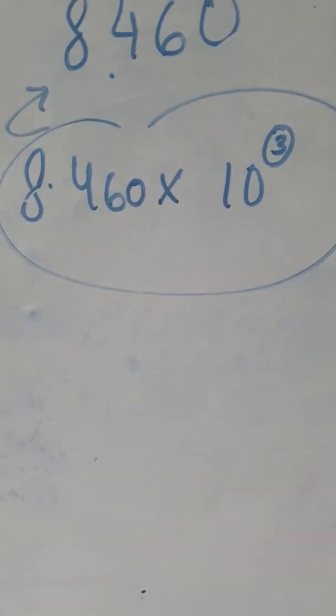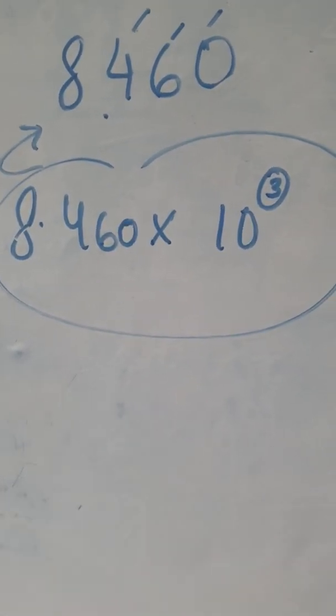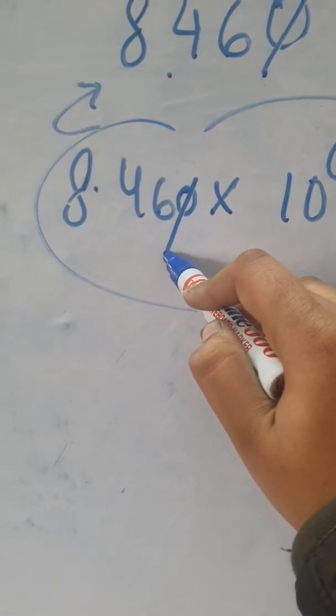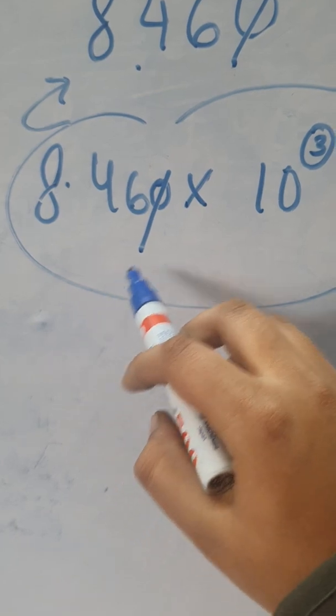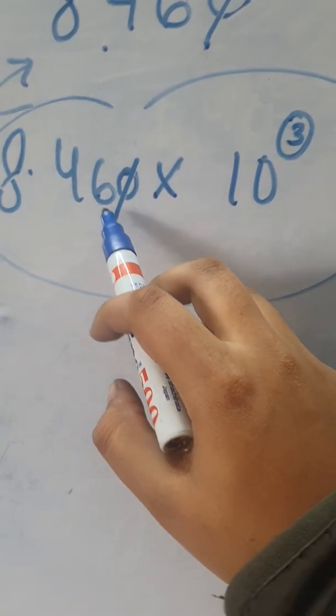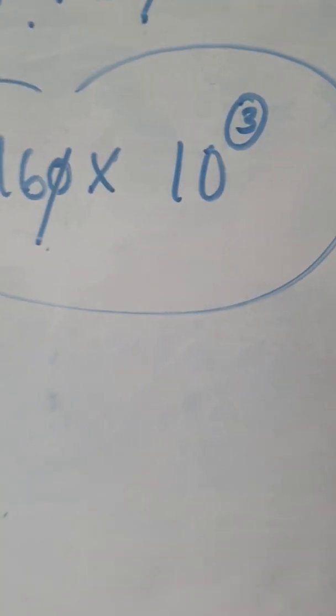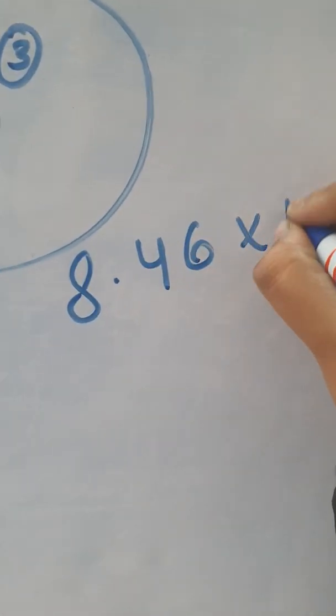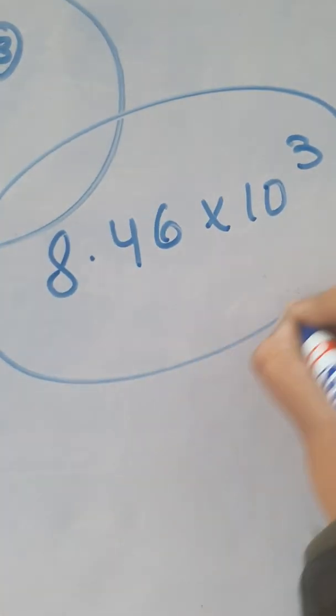Simple. But in here we need to cancel out the 0. So 8.46 into 10 to the power 3 is the answer.